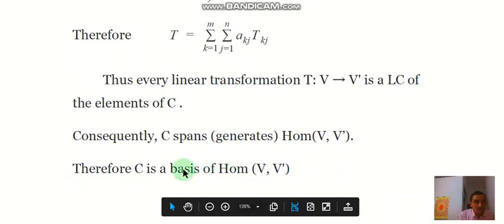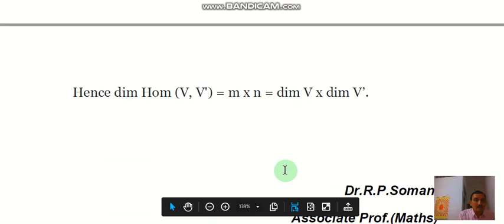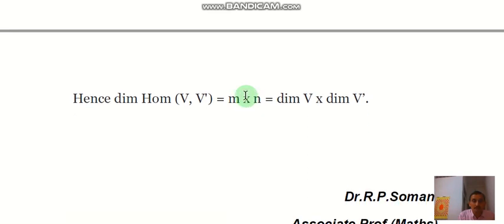Therefore C is a basis of Hom(V, V'), and in C we have mn elements. Therefore the dimension of Hom(V, V') equals m times n, which equals dimension V times dimension V'.